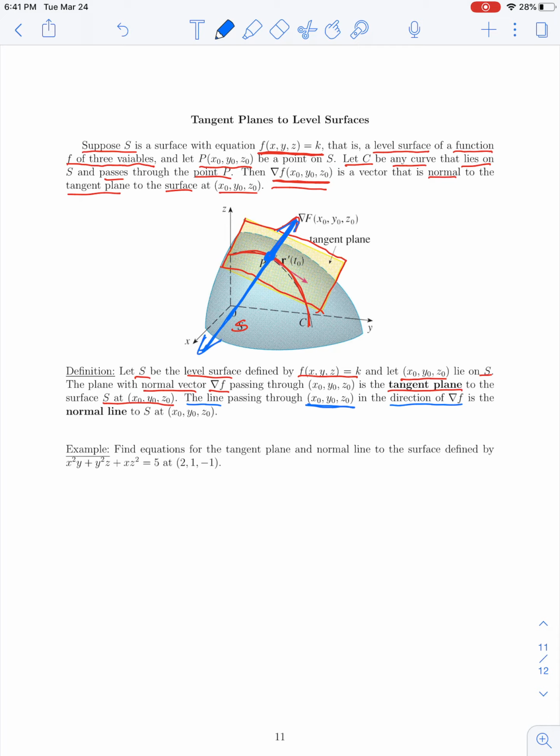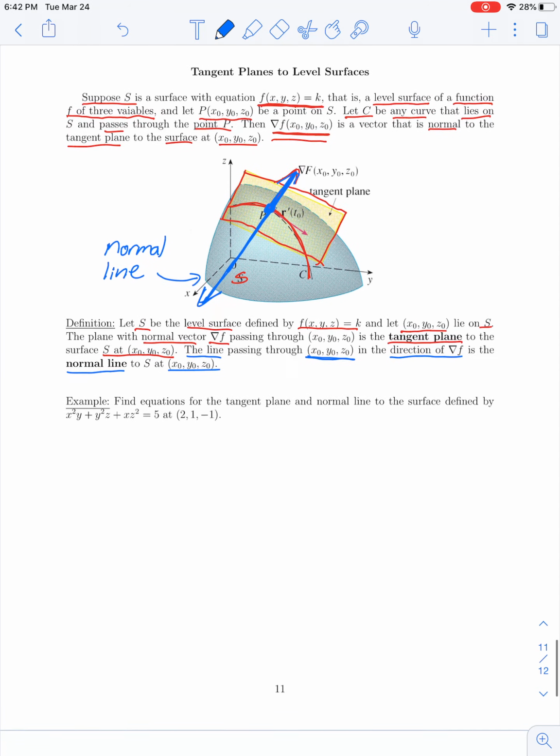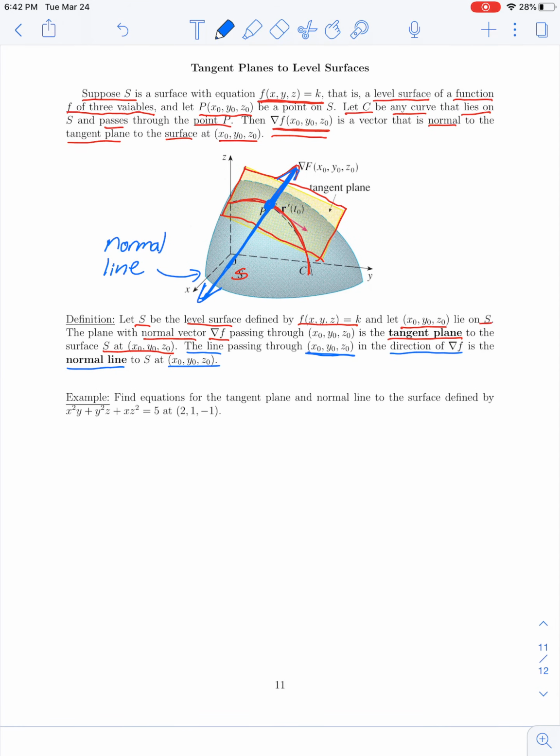So if I consider the line which passes through my point P and lies orthogonal to the surface, or normal to that tangent plane, this line is what is called the normal line to our surface at the point x naught, y naught, z naught.